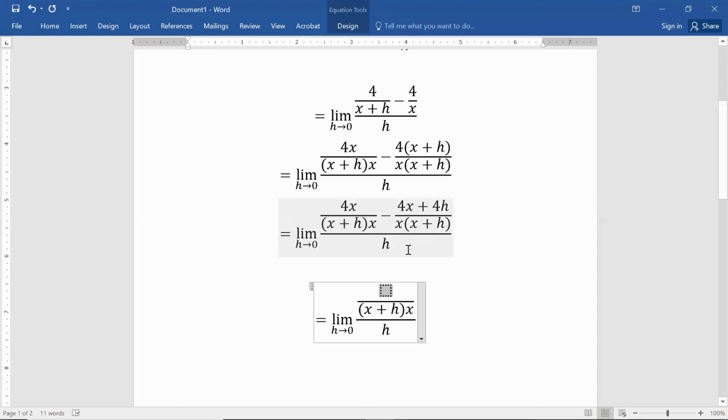And then a minus 4h gives me a negative 4h on top. So the whole top can be simplified into one big fraction: negative 4h divided by h plus x times x on the denominator.